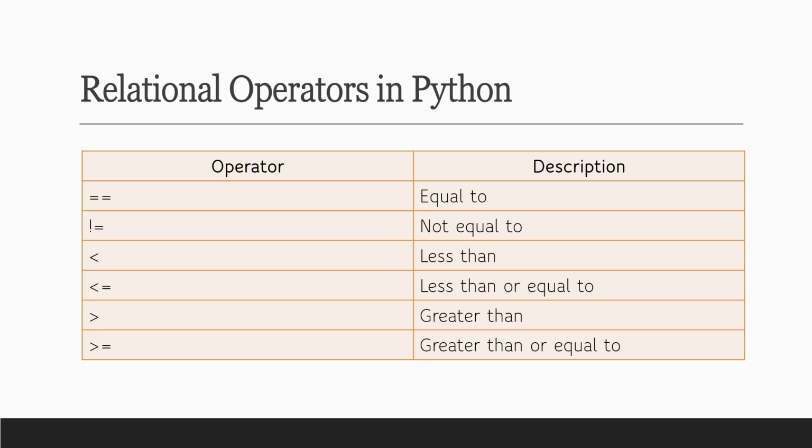The greater than operator checks whether the value on the left is bigger than the value on the right. Finally, the greater than or equal to operator checks whether the value on the left is either greater than or exactly equal to the value on the right. These relational operators are very important in programming because they help the computer make decisions by comparing values.